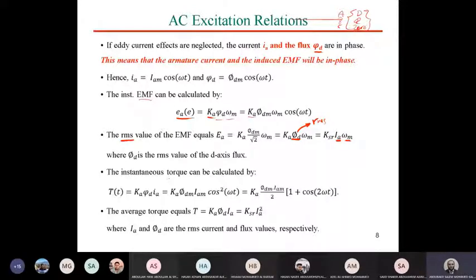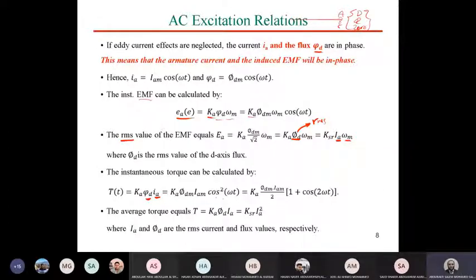Now, regarding the mechanical equation, the torque equation, for this kind of series motor, we can say that T, the torque as a function of time instantaneously, equals Ka phi D multiplied by Ia. Ia is a vector and phi D is a vector also. So now the relation is Ka phi D maximum, Ia maximum, cosine square omega t, because each of them is cosine omega t.